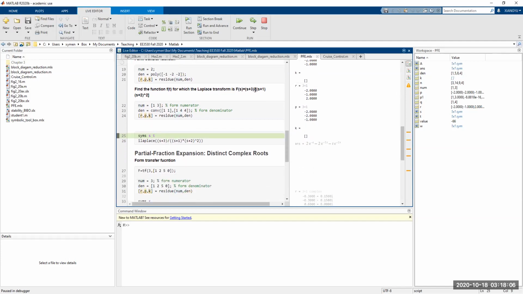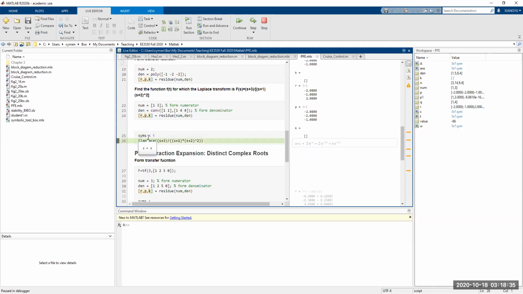Yes, we can use the inverse Laplace transform for this transfer function, or the Laplace transform of the output.